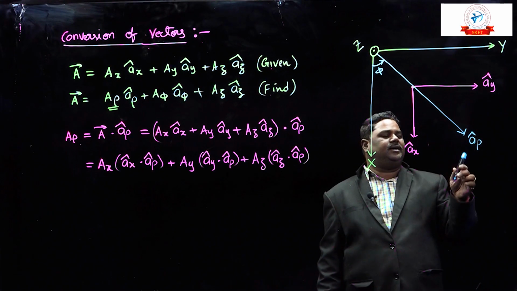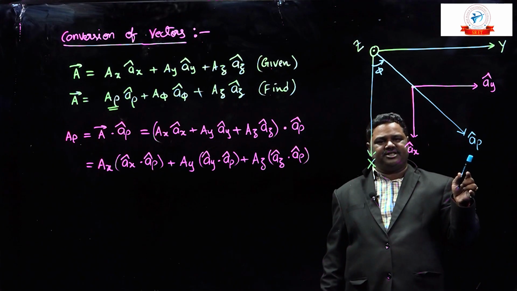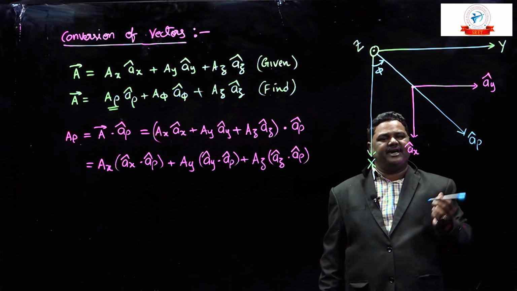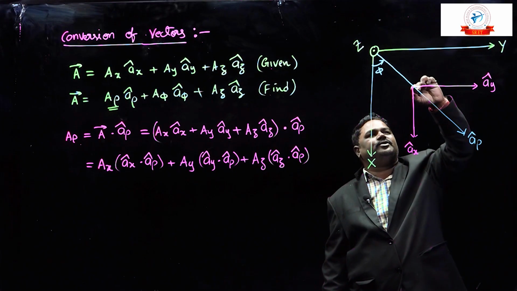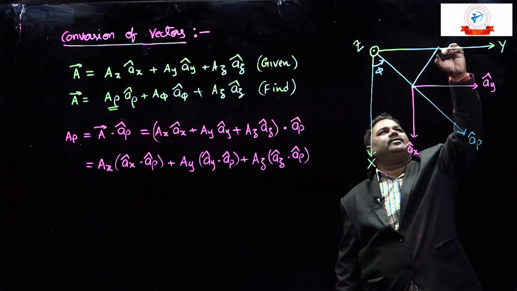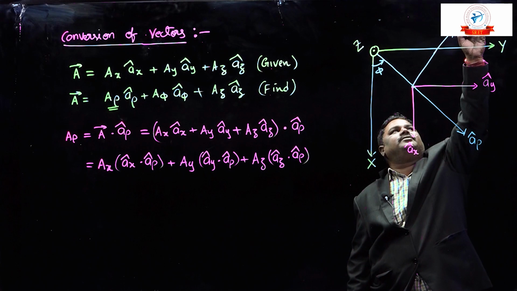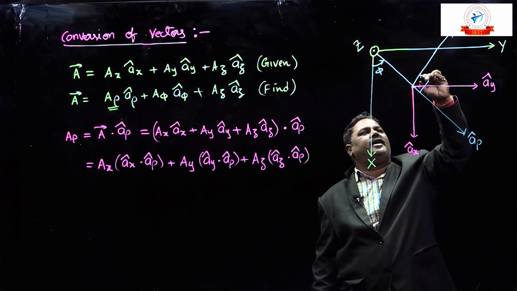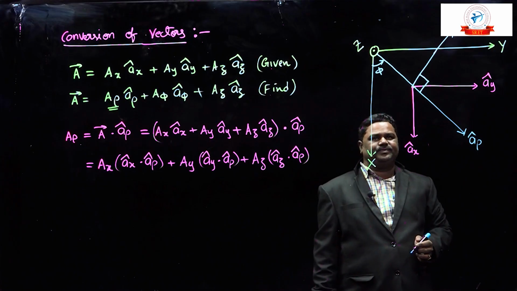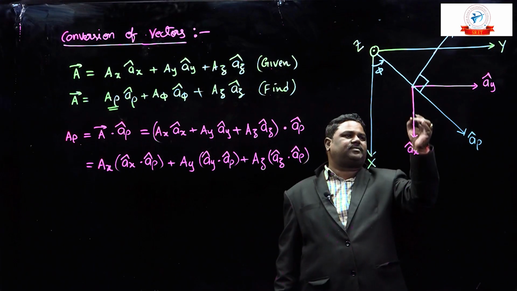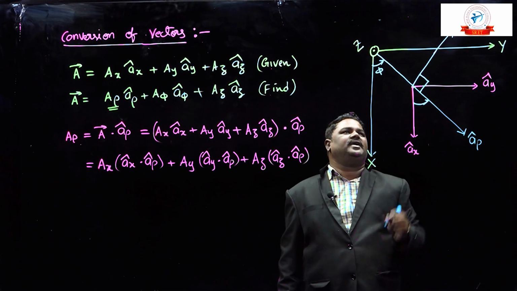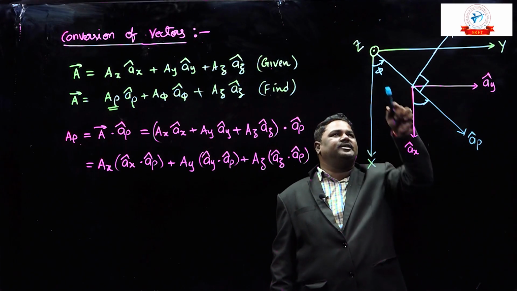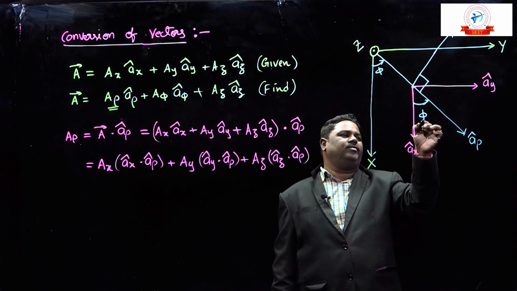Cylindrical coordinate system is also an orthogonal coordinate system, where a rho cap is perpendicular to a phi cap. So here this is a phi cap, where the angle between a rho cap and a phi cap is 90 degrees. And the angle between ax cap and a rho cap is nothing but angle phi.